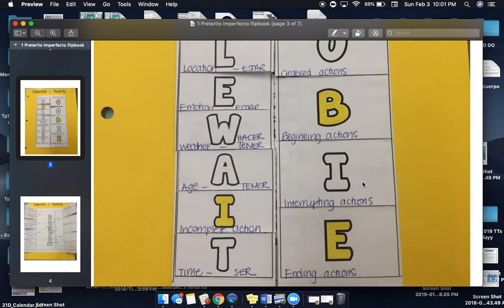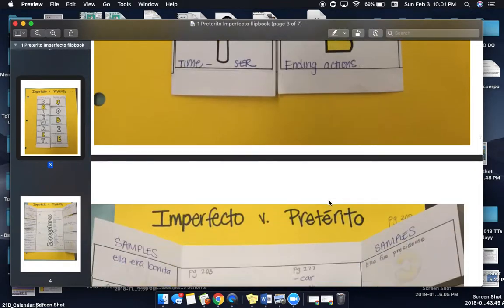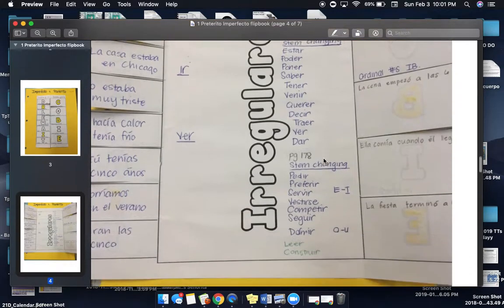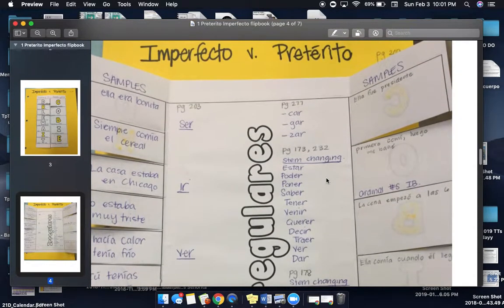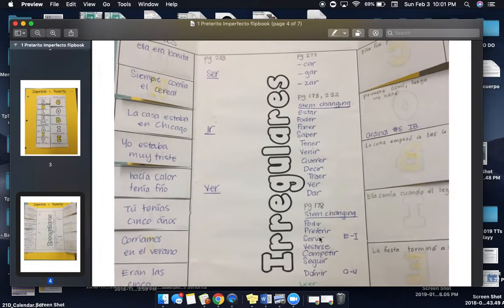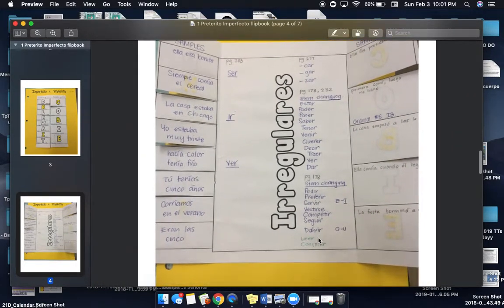Okay? Again, you can write them outside, you can write them inside, but definitely make some examples in the back. And then you have the other little flip book with all the irregulars for the preterite, which are not going to fit all in here since, unfortunately, the preterite has so much work for us when it comes to the irregulars.